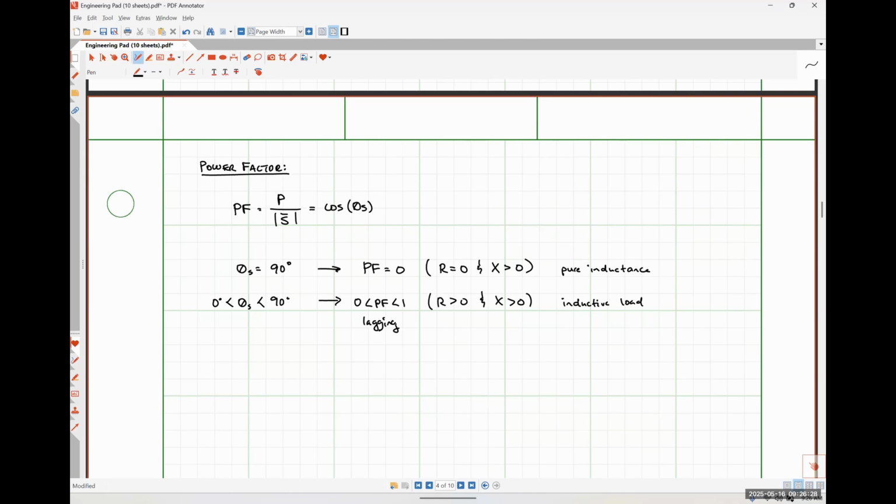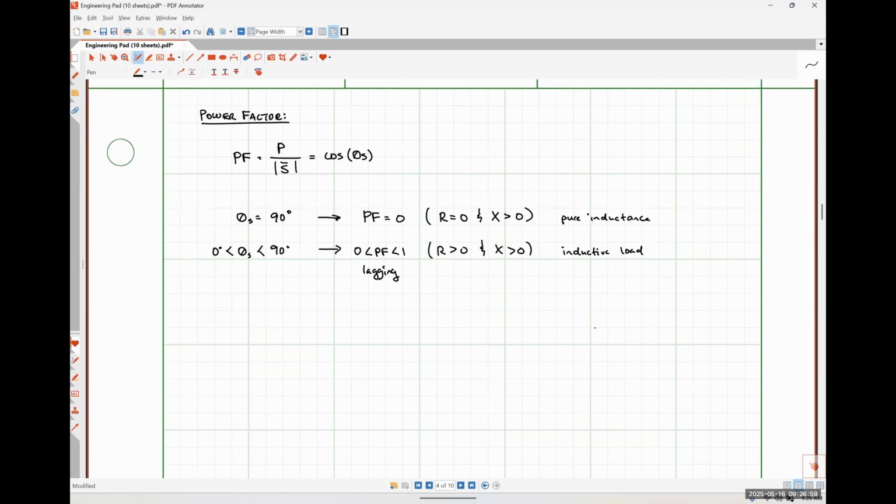So realistically, unless your power factor is exactly 0 or exactly 1, you would typically only be able to fully quantify your power factor if you told me not only its magnitude, but also whether or not it was leading or lagging. So we can see from this relationship right here that essentially anytime our power factor angle is positive, we are going to have a lagging power factor, okay?